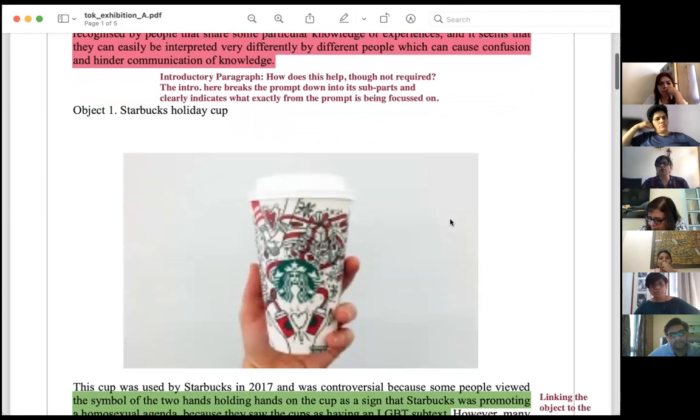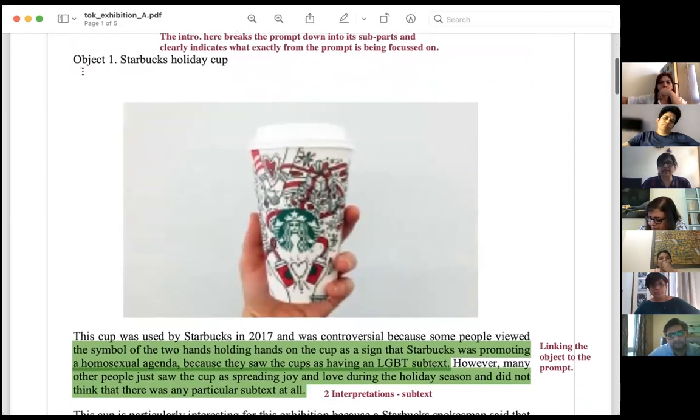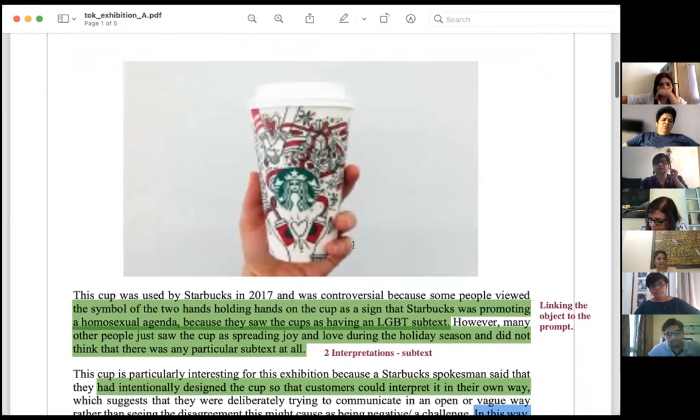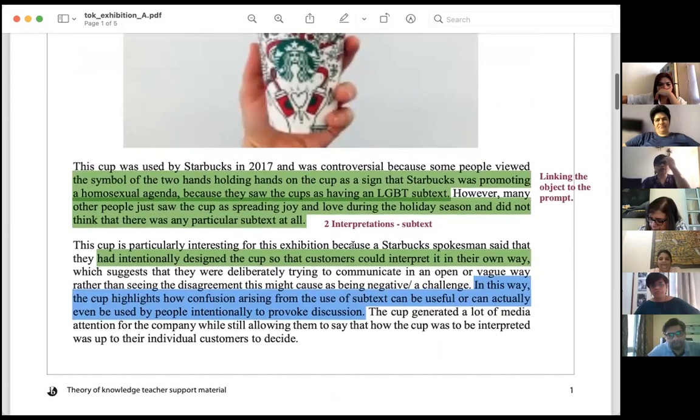Now with that, the student moves to the object. Clearly, the child has said object one, what the object is, and the image of the object. Now, what does the child delve into? You will see what I've highlighted in green in all three objects is where the student has linked the object to the prompt.